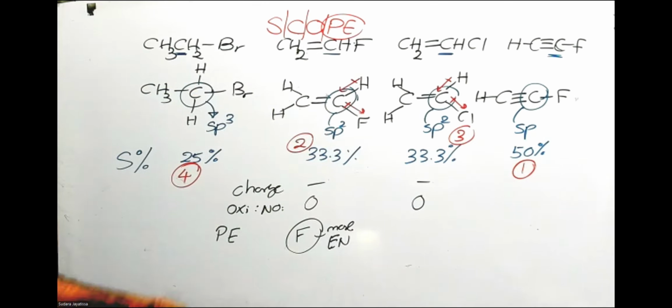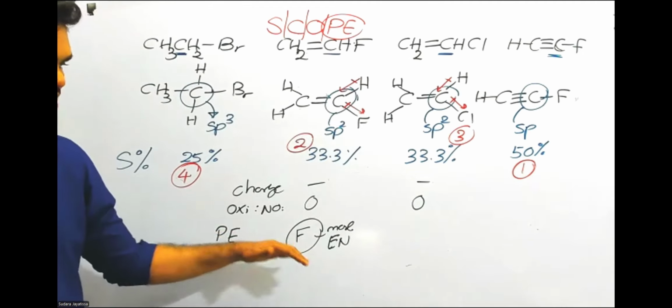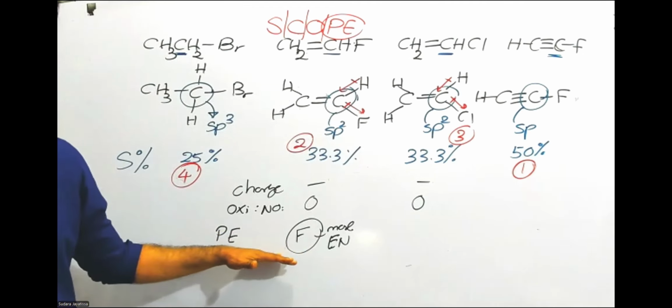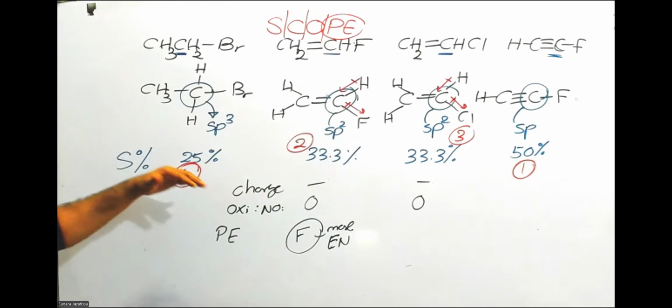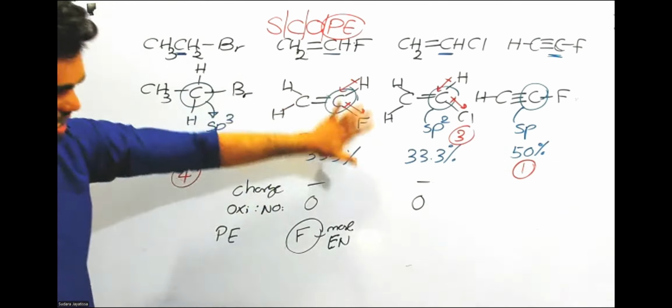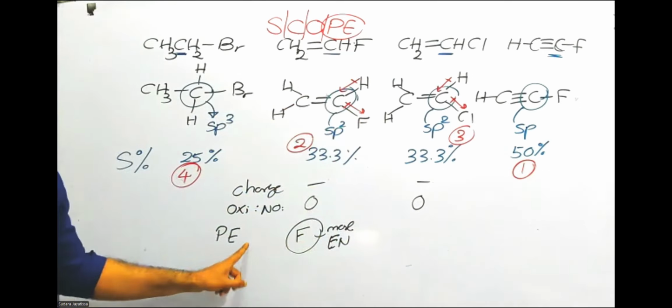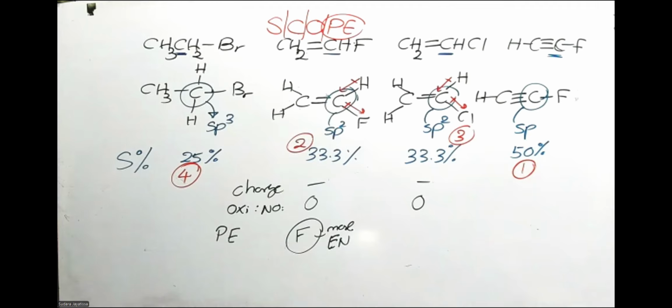You check the peripheral atom electronegativity as the last option, because you are trying to get a difference between them by checking S percentage, charge, and oxidation number. If they all are the same, then you go for the peripheral atom electronegativity.